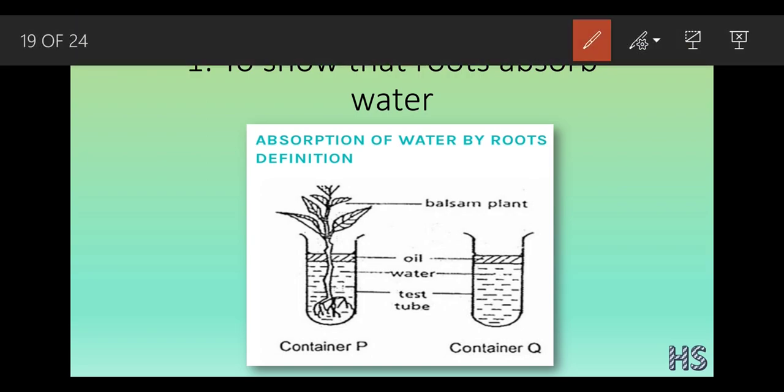First, we are going to take a test tube filled with water, and we are going to put a plant inside this tube, and I'm going to cover the upper surface with oil. In this we are going to take a balsam plant, and I'm going to name it container P. Any name is fine.